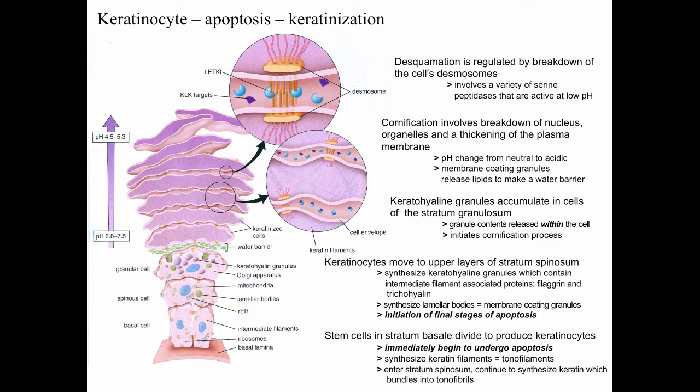And then desquamation is going to occur as desmosomes between the cells break down. And this is going to involve a variety of serine peptidases that become active at relatively low pH. And I'm not going to ask you to remember these, but some of these are kallikrein-associated serine peptidases, and some of them are leukocyte-associated serine peptidases.